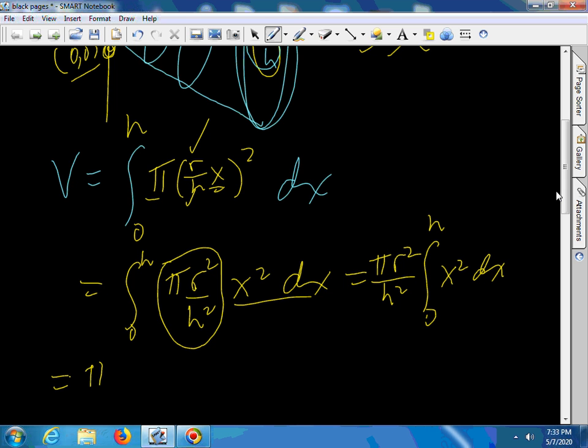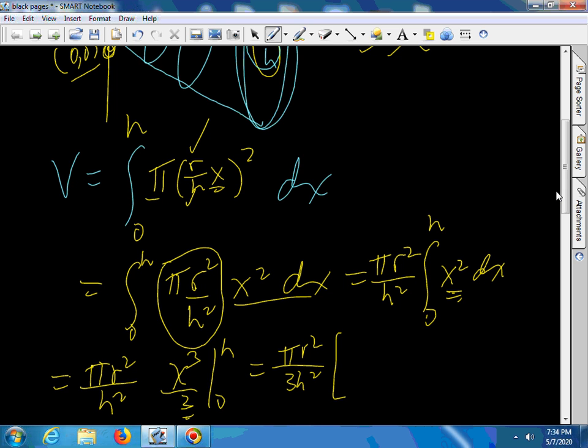The integral of x squared is x cubed over 3 from 0 to h. Now, we have every right to factor out stuff. This is pi r squared over 3h squared times x cubed from 0 to h.